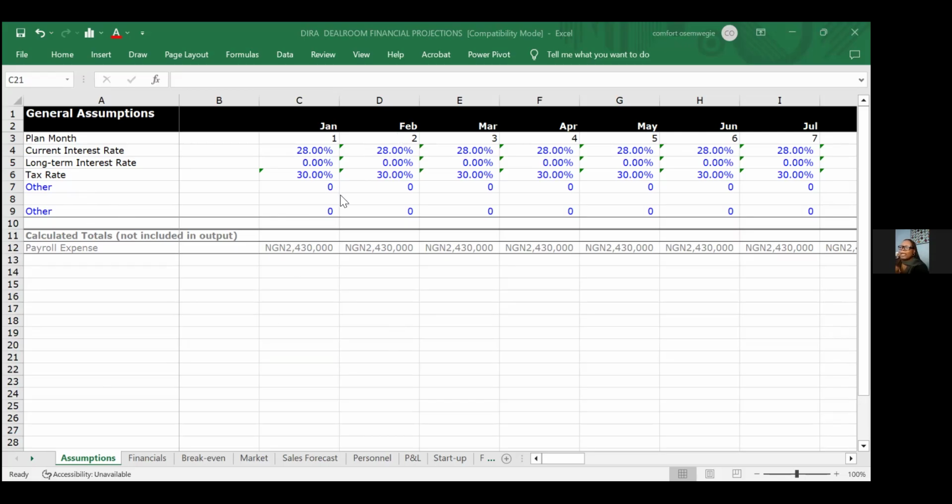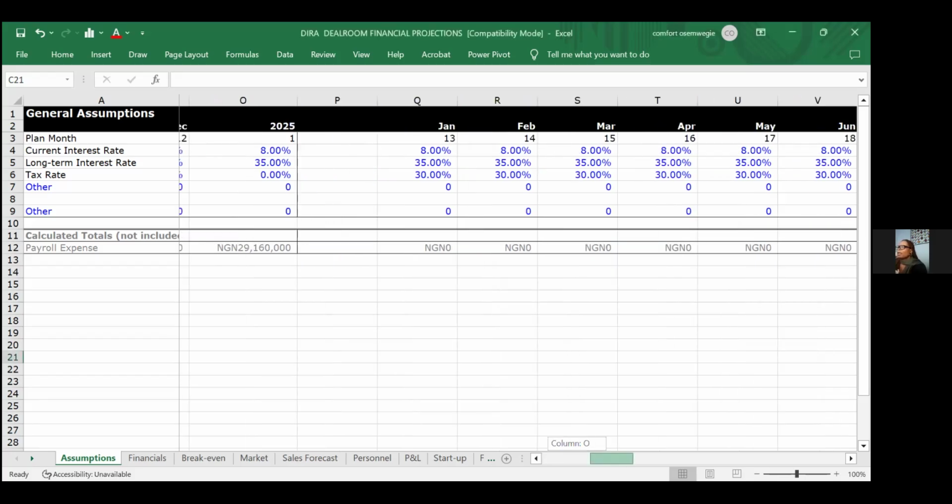And I also said that for this Excel sheet, you need to ignore anything in black. Everything in black is automated, is calculated. But anything in blue, you can edit. So all the figures in blue, you can edit.